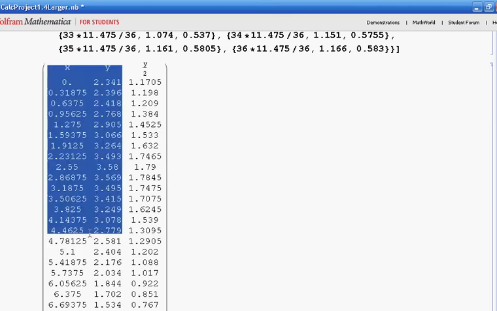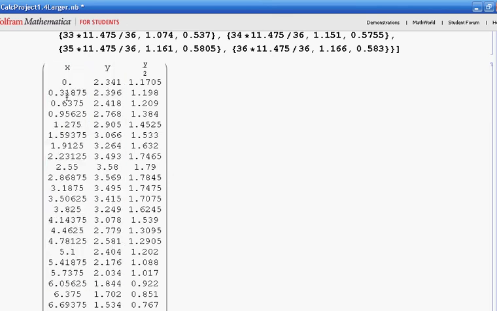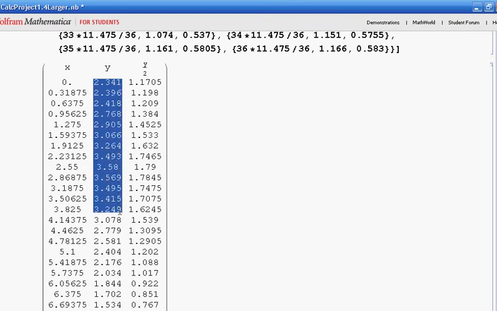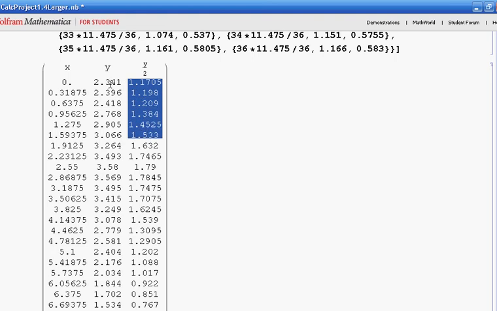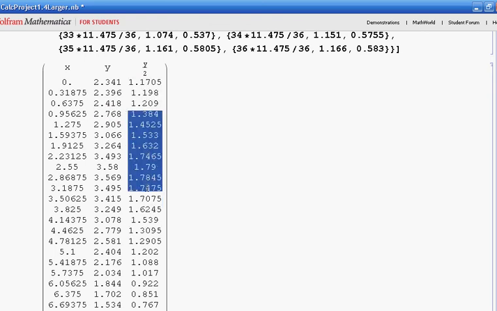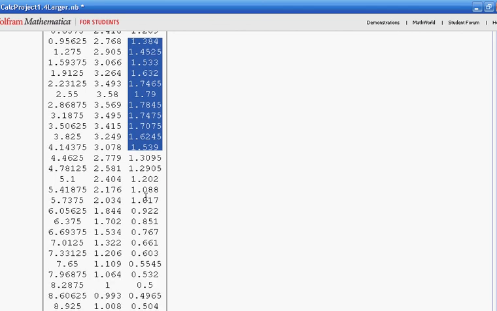This column is all my x points, approximately 0.31 inches apart from each successive point. These are my y points, my original measurements that I wrote down when I initially started, and these are my y measurements cut in half. This is exactly what I needed, because this is my radius of the bottle.